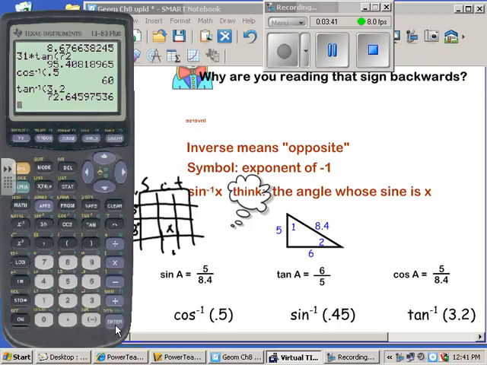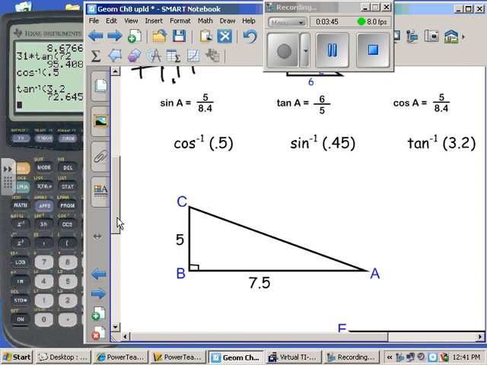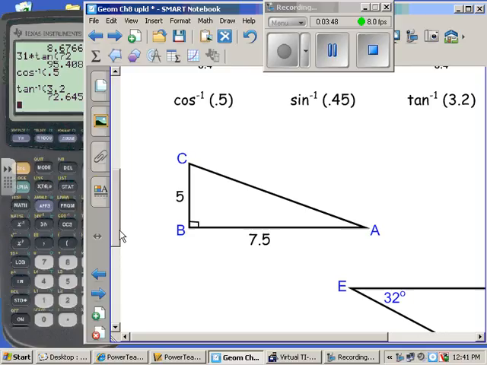Okay? All right, so let's actually use it with triangles. Here we have the sides of a triangle, but we have no angles. So that makes it impossible to do regular, right? There's no way you could type in tangent of an angle because you don't know any angles. So we're going to have to do inverse to find a missing angle.